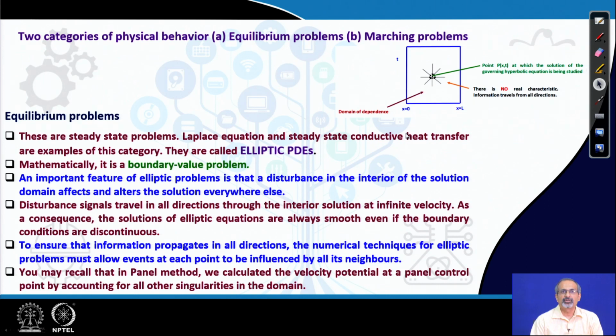We discussed the solution domains of hyperbolic, parabolic and elliptic partial differential equations. Now, we are also going to look at two categories of physical behavior. So, what are they?